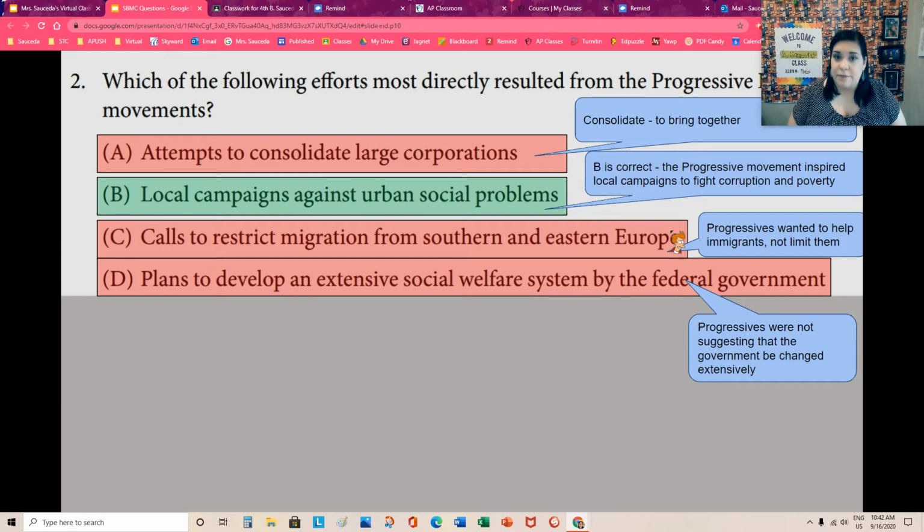This was a different time period. So this is a case where the answer is correct in itself, but it does not answer the question. Attempts to consolidate large corporations means to create monopolies. This has nothing to do with social welfare. It talks about business and corruption. So the best answer would be B.